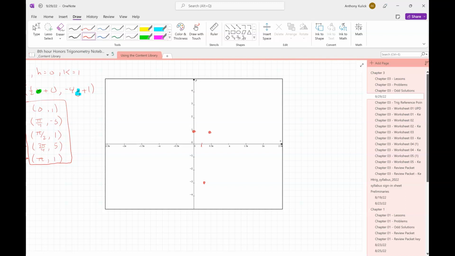And then I have 3/4 pi, which is like 0.75, and then 5, which is up there. And then I have pi and 1, so like there. So if I graph this, I get something that looks like this. Everybody okay with that?